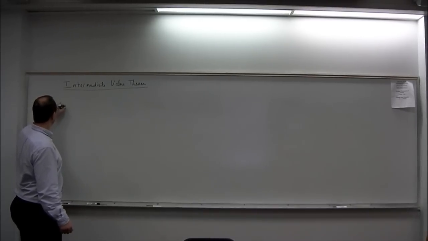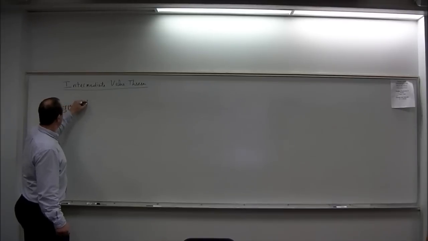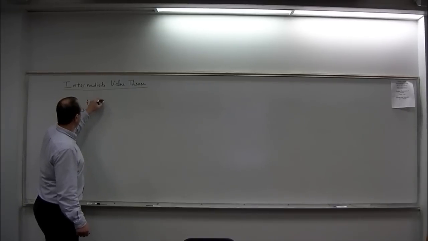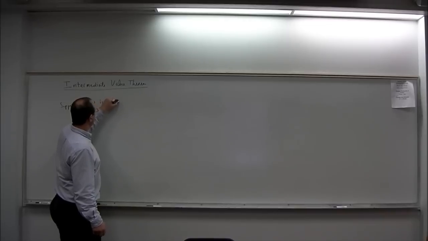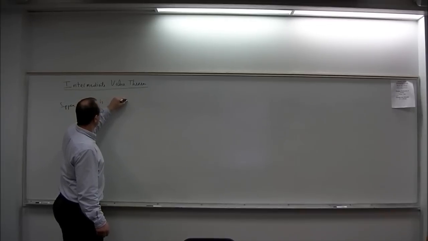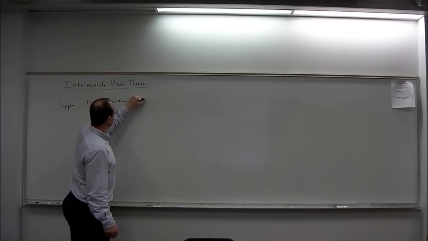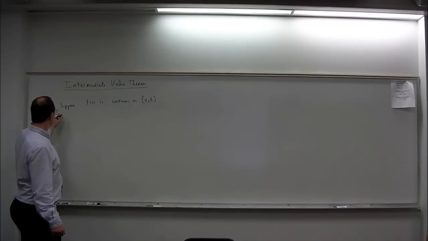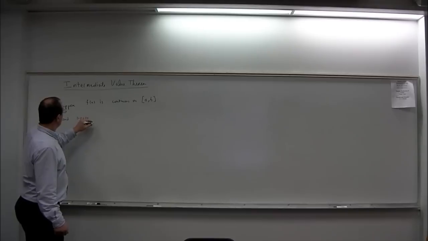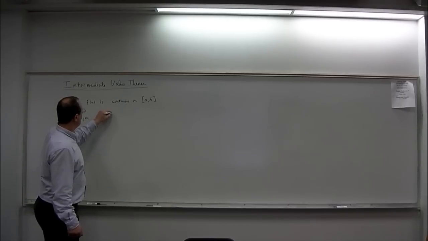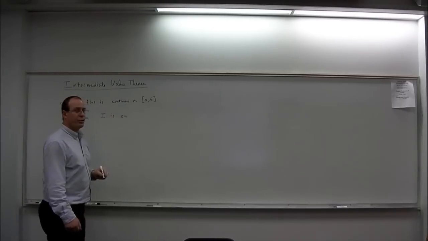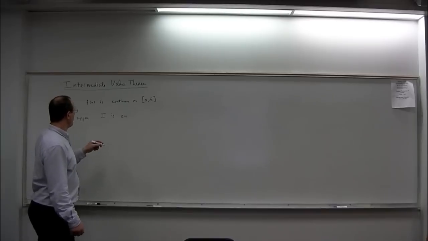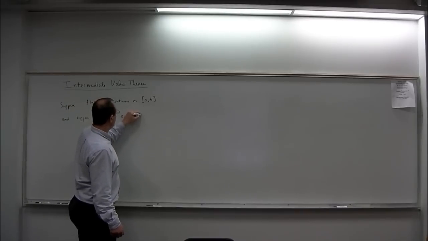So suppose that f of x is a continuous function on some closed interval from a to b. And furthermore, suppose that I is an intermediate value for the function.